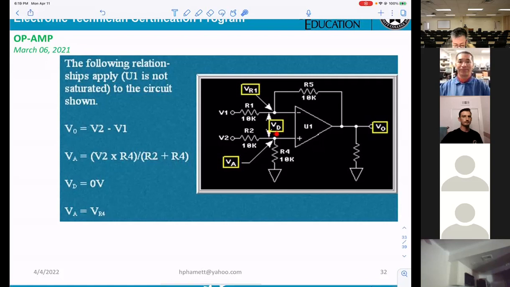If I want to calculate the VA right here, we already know V2 times R4 divided by R2 plus R4, okay? VA here means the voltage measured from positive to the ground, and it will be the same as here. The thing is VD equals 0. That's what I try to explain to you.